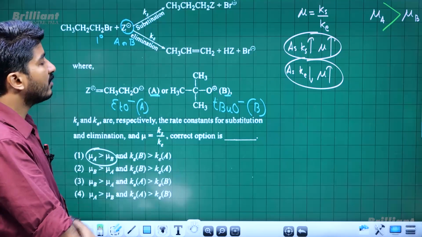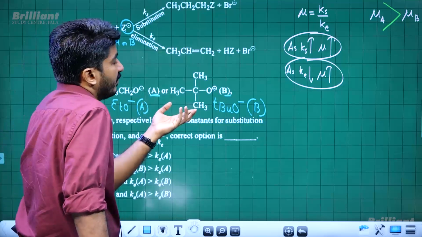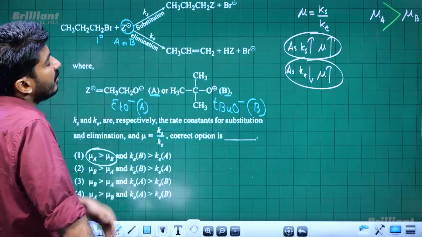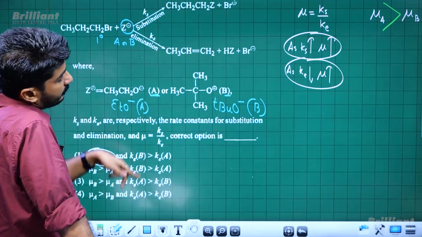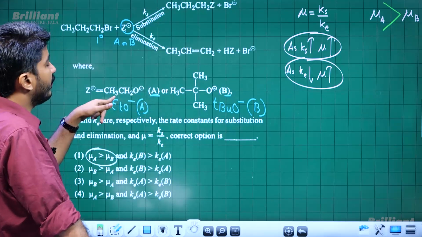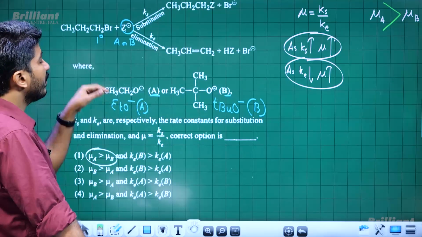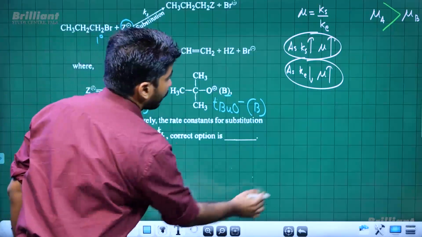More steric means faster elimination. Elimination is more preferred. So Ke will be higher if we use B in place of Z. Ke will be lower, elimination will be lower, if we use ethoxide, because ethoxide generally shows more substitution.